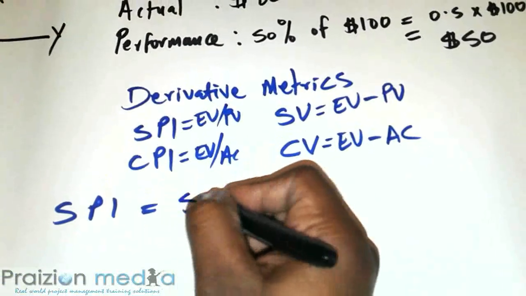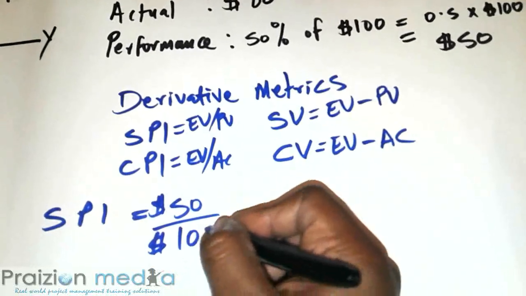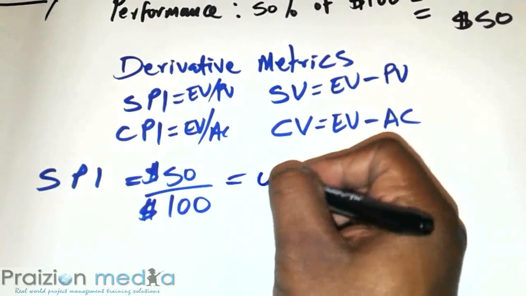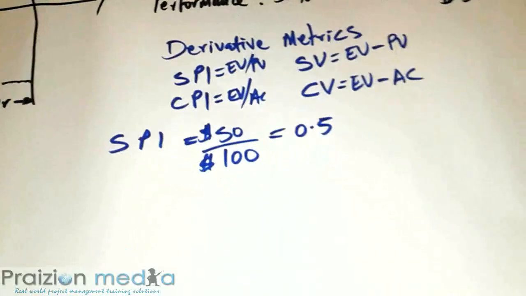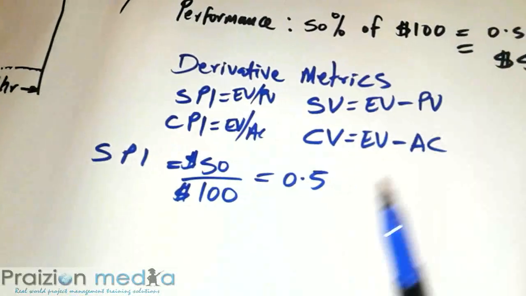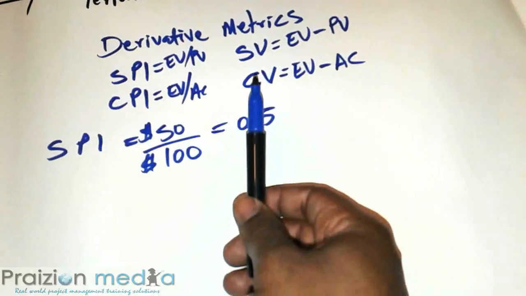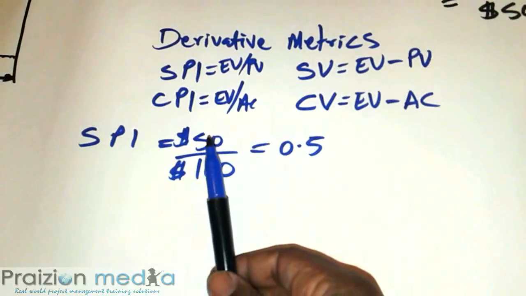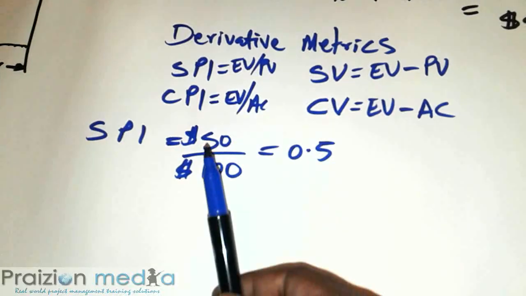And that's $50 divided by 100, and that gives us 0.5. What does that mean? That means you are only 50% efficient schedule-wise. Now if we find the SV, take these same two numbers and just subtract the planned value from the earned value.